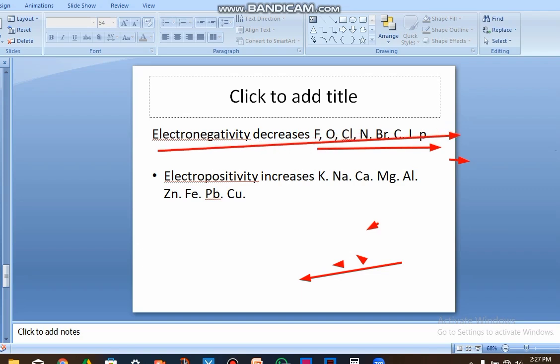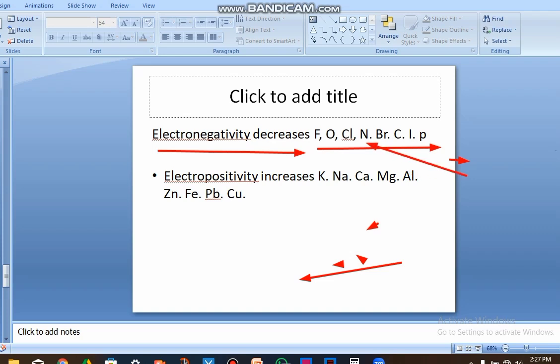So this is the correct way. In JAMB, they will just mix everything. They will ask, what is the correct order of electronegativity decrease?